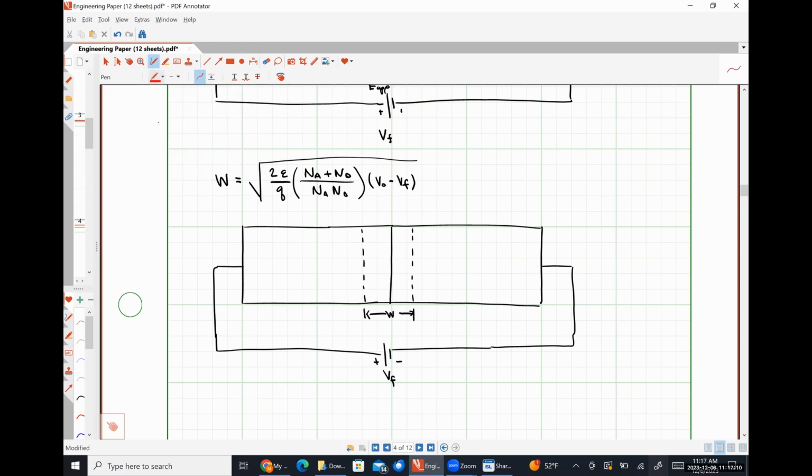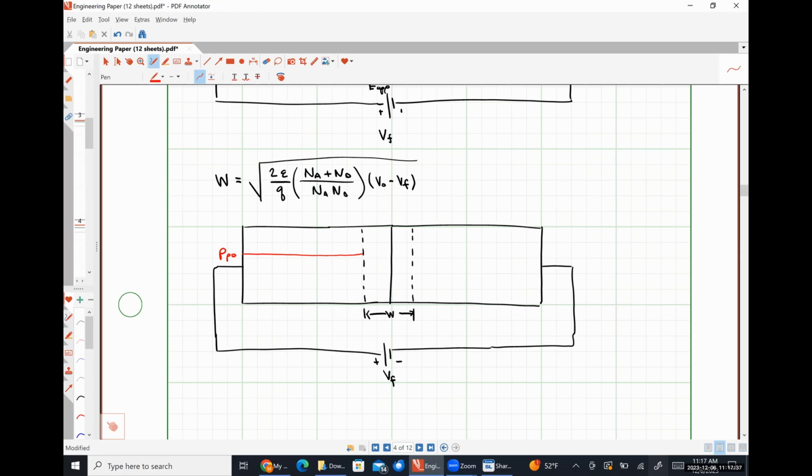Holes were in red. So we should have something like this on the P side of the crystal, where this level on the edge is P naught.